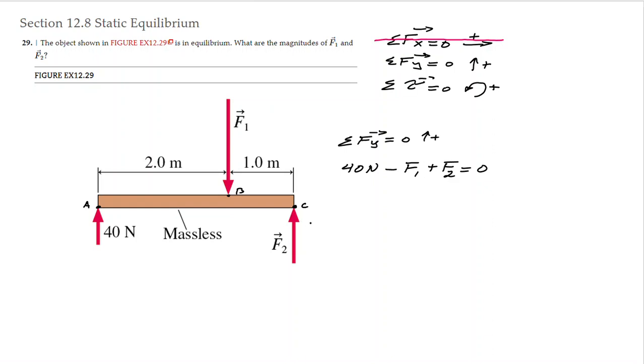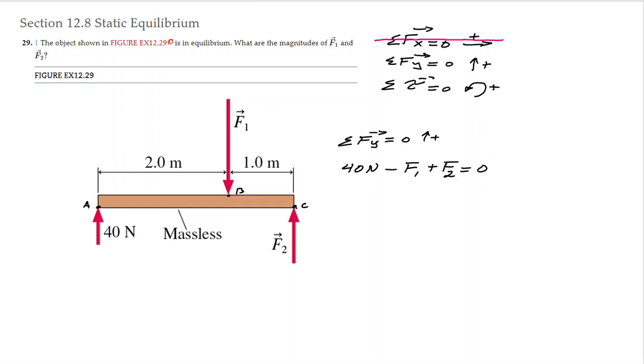When we are solving a problem like this and we're going to use the sum of torque, what we do is take the torque with respect to a point through which one of the unknowns is passing.